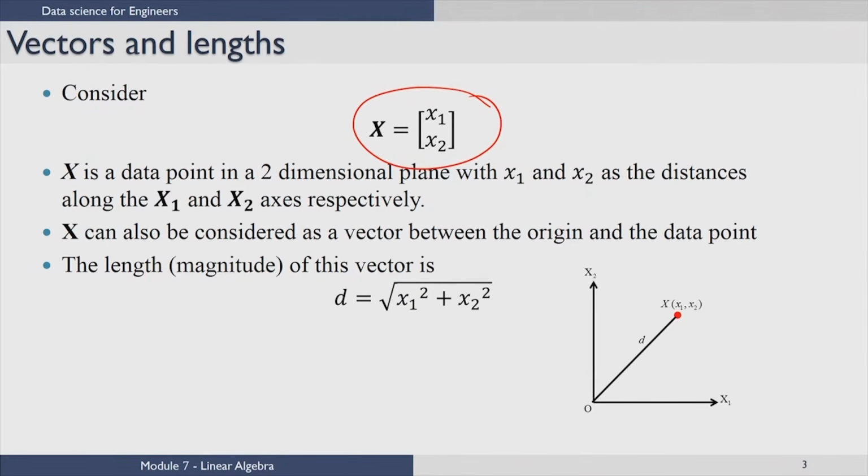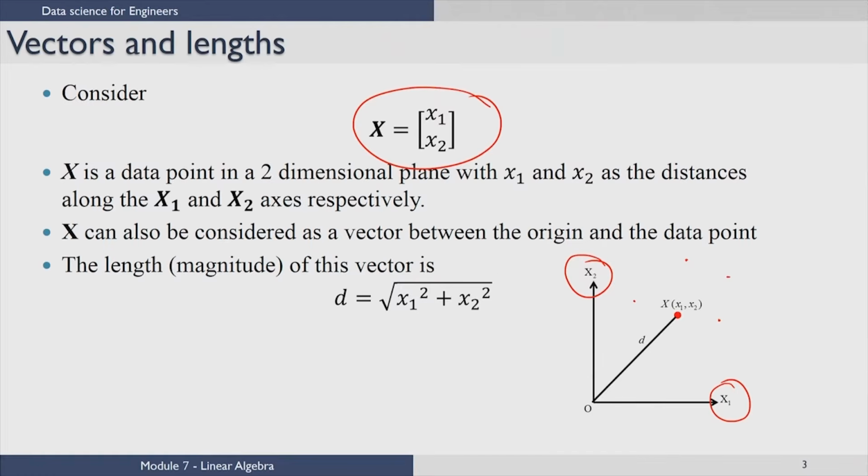Another way to think about the same vector x is to think of this as actually a point in a two-dimensional space, and here we say it is a two-dimensional space because there are two variables. So, for example, if you take x1 and x2, you could think of this as being a point in a two-dimensional space where there is one axis that represents x1 and there is another axis that represents x2, and depending on the value of x1 and x2, you will have a point anywhere in this plane.